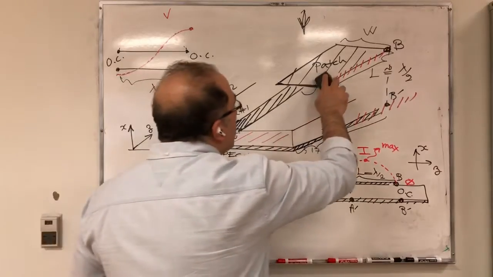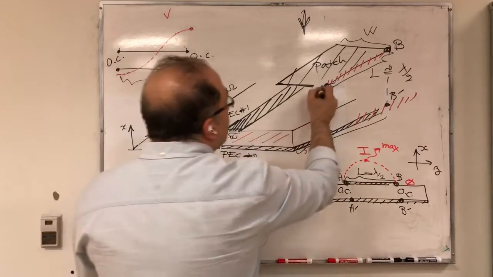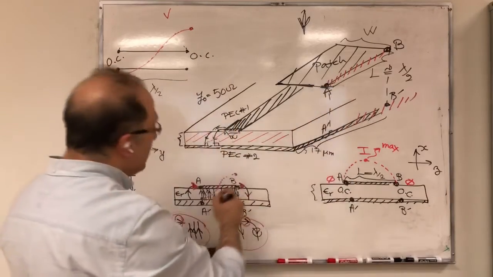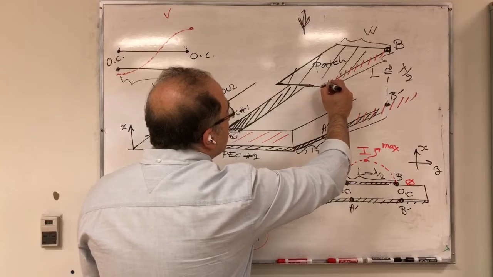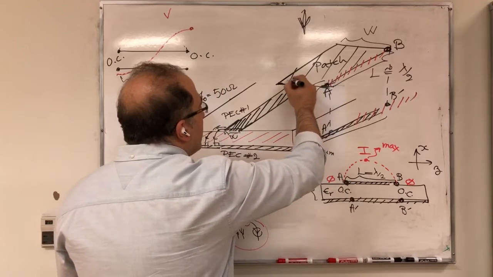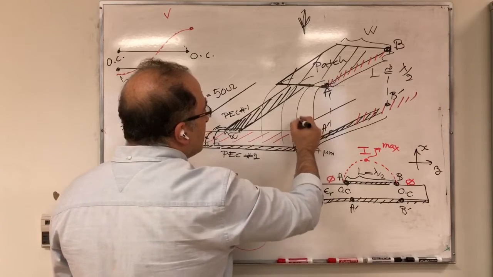So let me try to represent that in a 3D picture here. Essentially you're going to have things like this. I'm not sure if I can do that properly, but let me try.